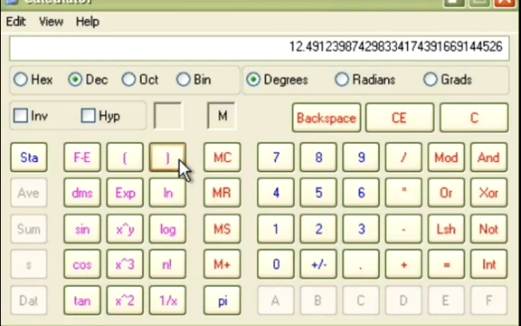And close the bracket, and then we take the square root.